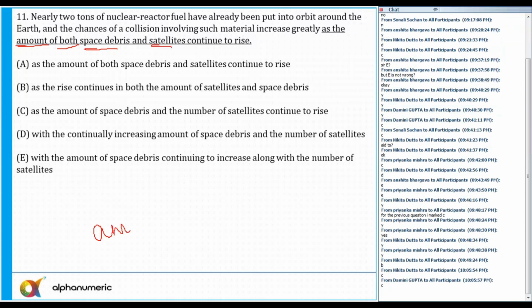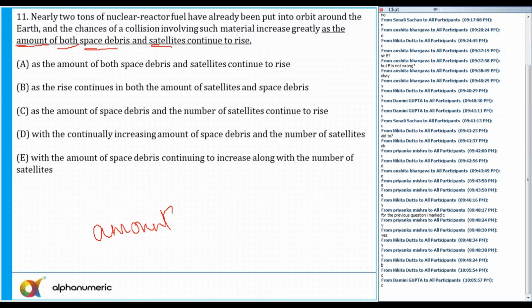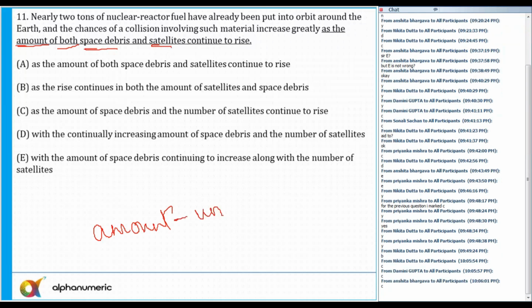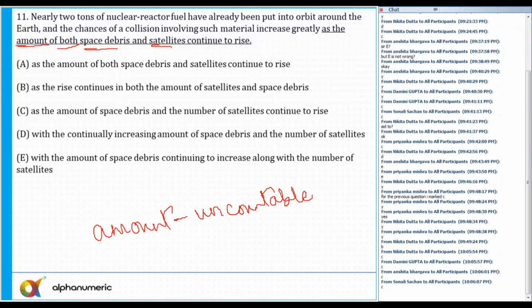Now, when do we use amount? We use the word amount with things that are uncountable. Yes, space debris is uncountable, so I can use amount. But satellites are countable. I can count the satellites. So whenever something is countable, the adjective that I'll have to use is number.